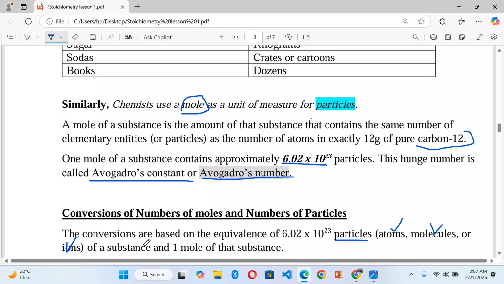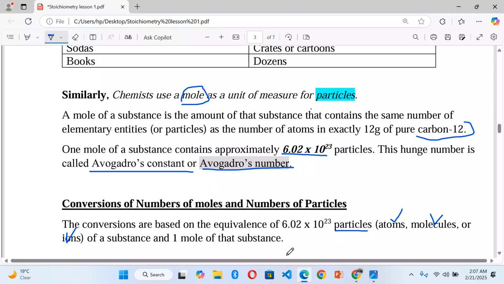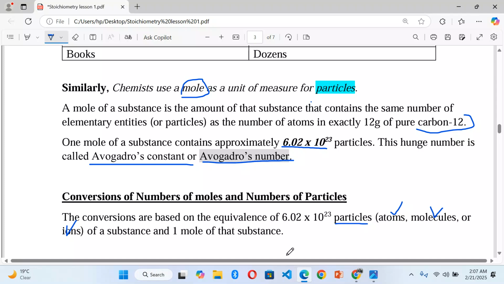I believe that one now becomes clear. So when you talk about 1 mole of a substance containing approximately this number of particles, it can be this number of atoms, molecules, or ions, but it's equivalent to 1 mole. That is what we're going to be using in calculations, converting numbers of moles into particles and particles into moles.